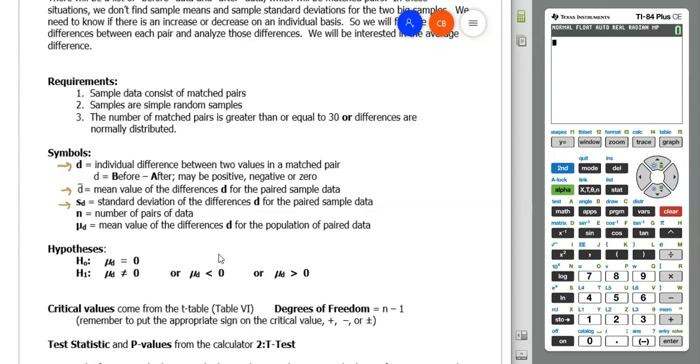The null hypothesis is that the average of the differences is 0, which is like saying no difference: on average, there is no difference between group 1 and group 2. Then, depending on the context of the problem, we might want a two-tail, left-tail, or right-tail test.